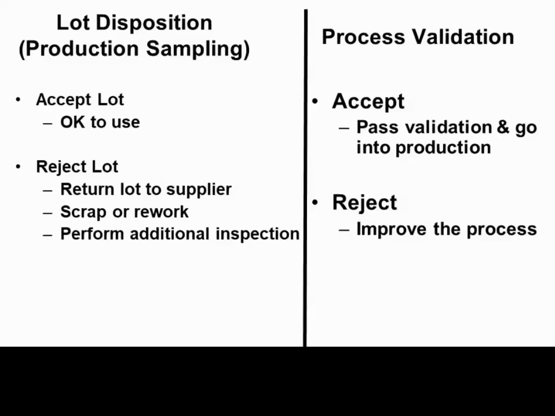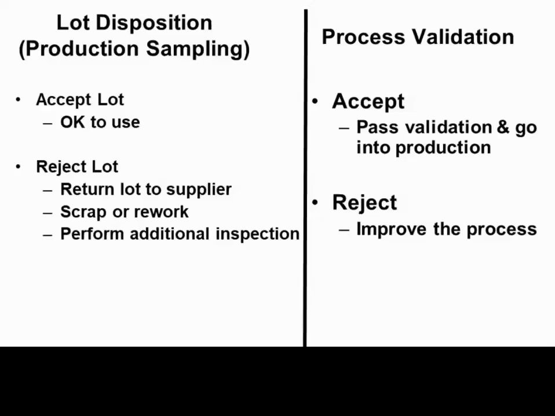If we end up satisfying the requirements to reject a lot, then typically you'd have a procedure as to what to do next. Either just outright reject it and return it to a supplier, if you're talking about incoming material, or maybe scrap or rework, or perhaps do some additional inspection.